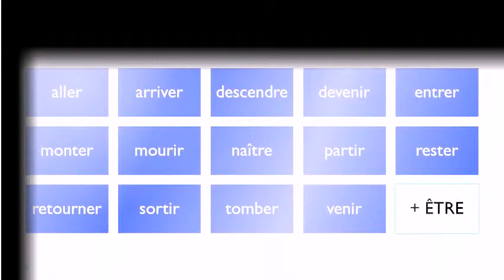Okay, so all these verbs will require être for this conditionnel passé form.